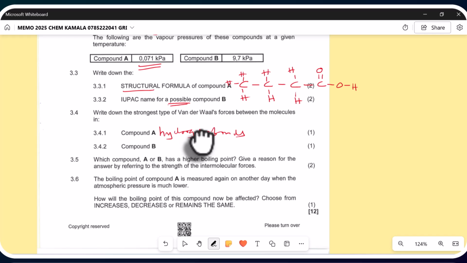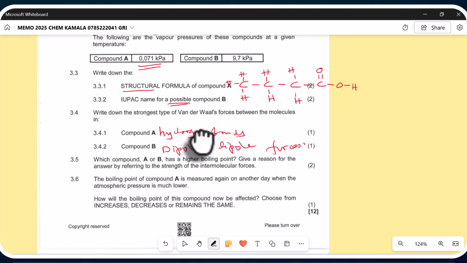Because compound A has hydrogen bonds between its molecules, and compound B has dipole forces between its molecules, and so more energy is required to overcome the intermolecular forces in compound A than compound B, and so a higher boiling point in compound A than B.